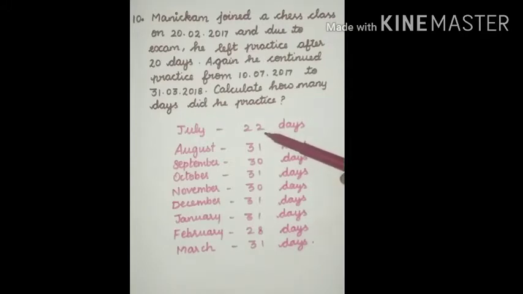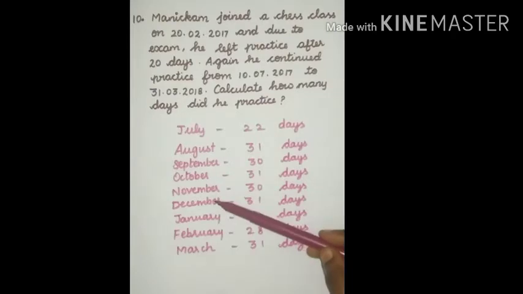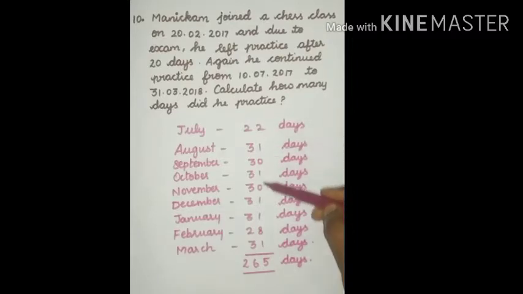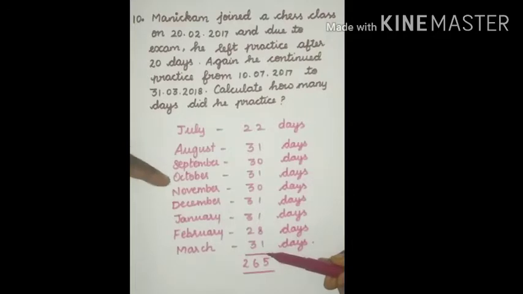In July month, he practiced 22 days. Then August, September, October, November, December, January, February, March, full days he practiced. So we have to find the total days. Total days is 265 days. To find the total days, what do you have to do? Yes, we have to add the number of days in July, August, September, October, November, December, January, February and March.